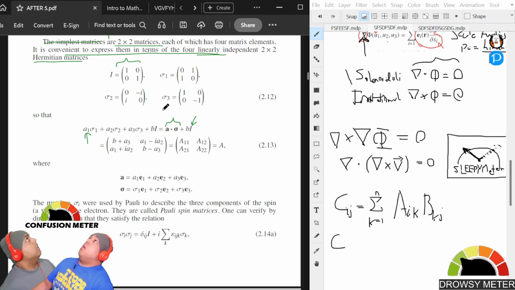A1 row 1. Row. Oh, strange. B plus A3. 1, 1.